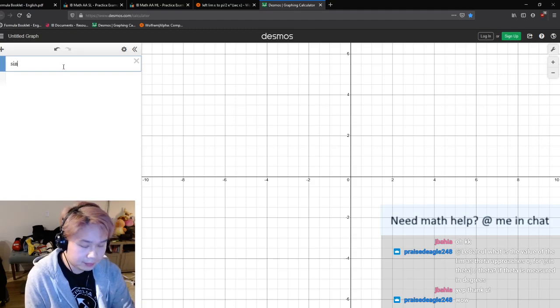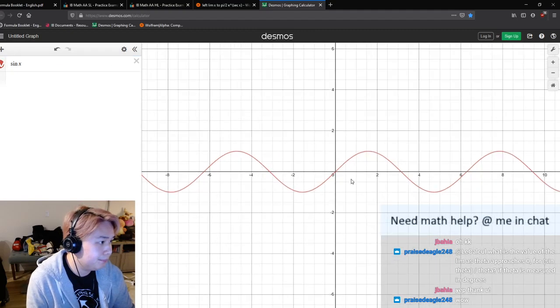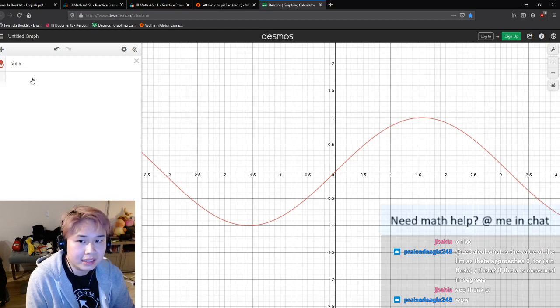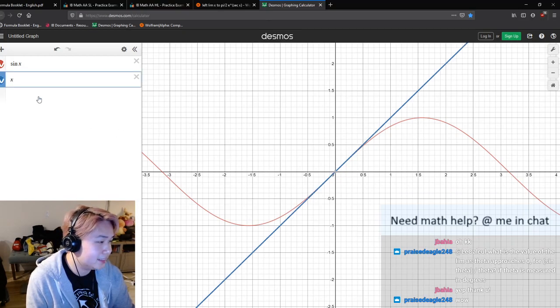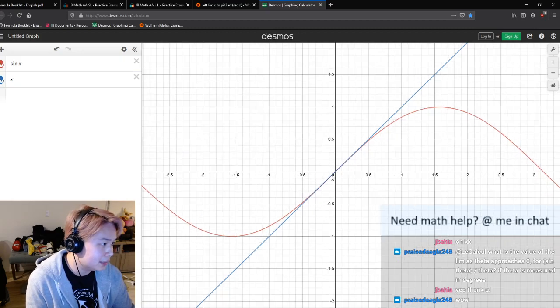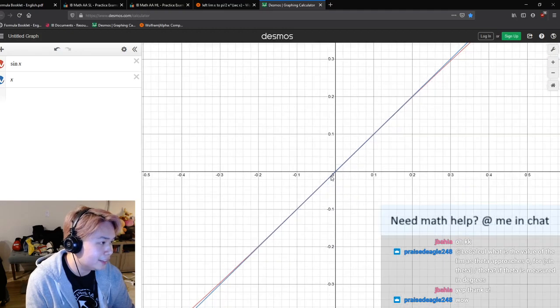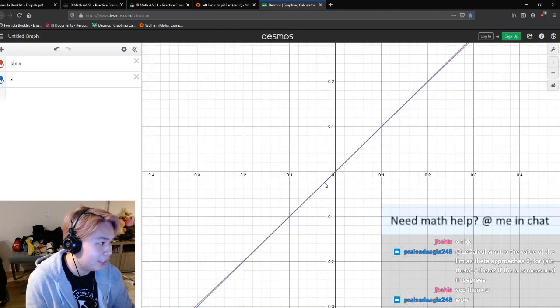So here's sine of x, right? And then here is x itself. So you see that when you're kind of close to 0, as your limit goes to 0, the two graphs are basically the same, right around this area.